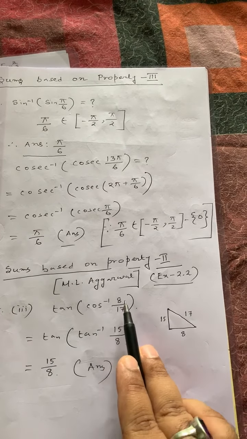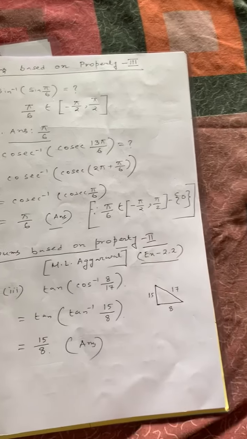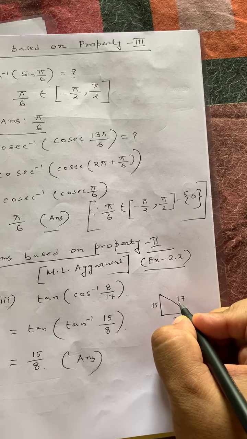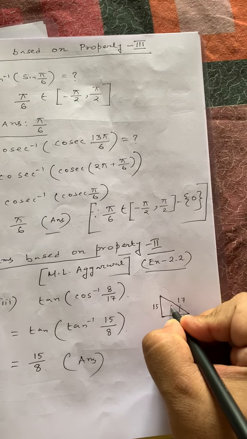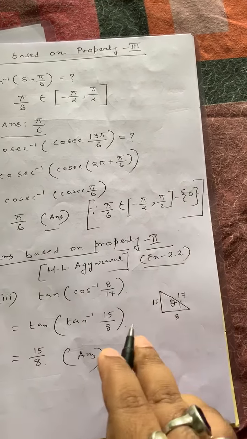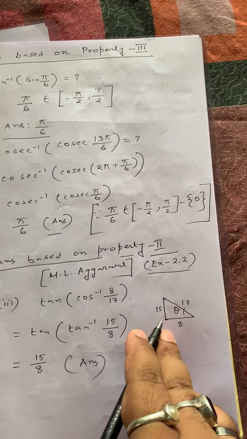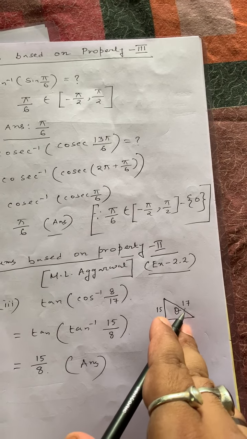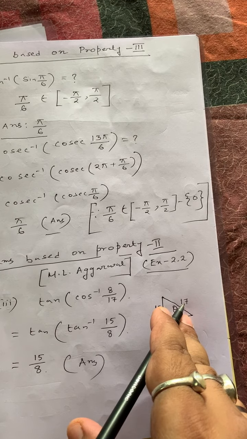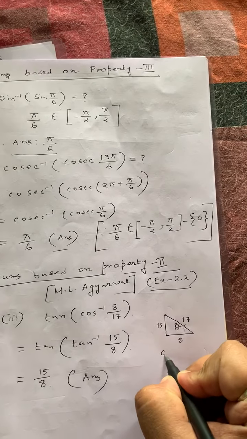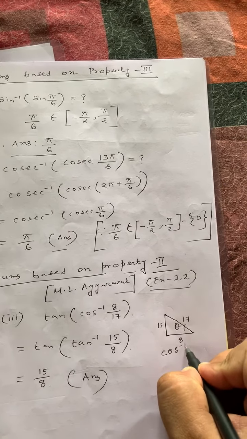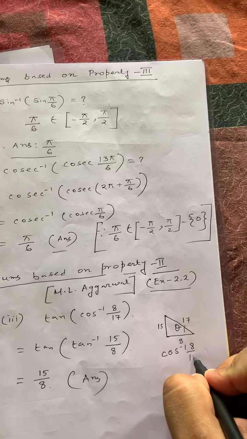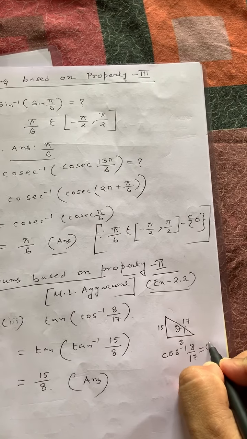So here cos inverse of 8 by 17, taking this angle as theta, we can write the base will be 8 and the hypotenuse will be 17, because cos inverse of 8 by 17 is equal to theta.